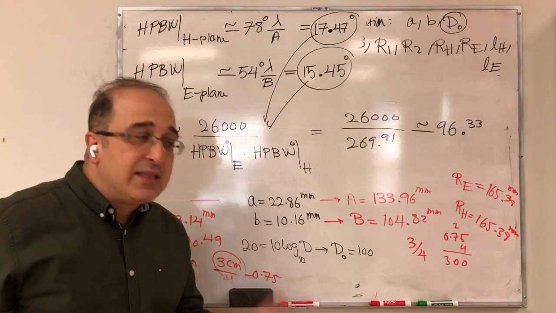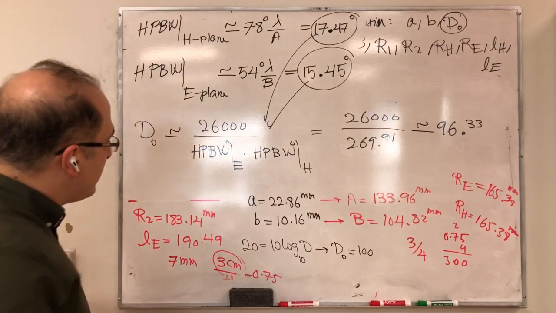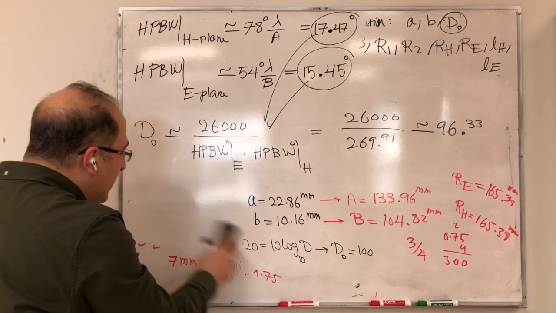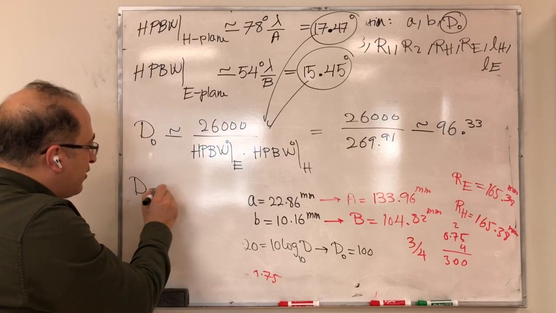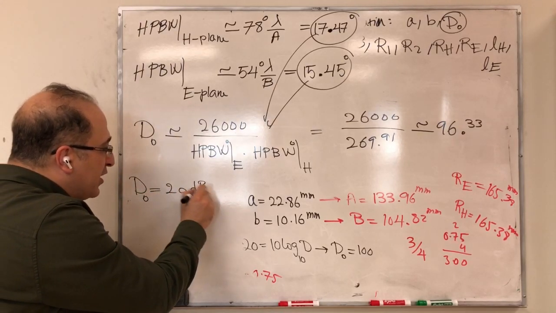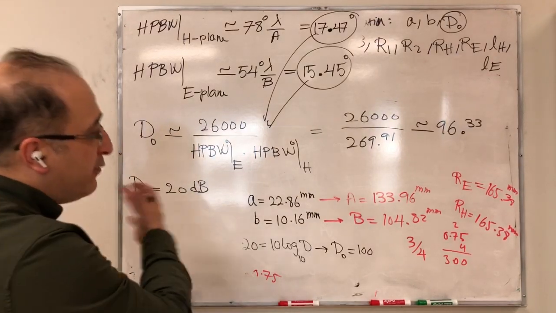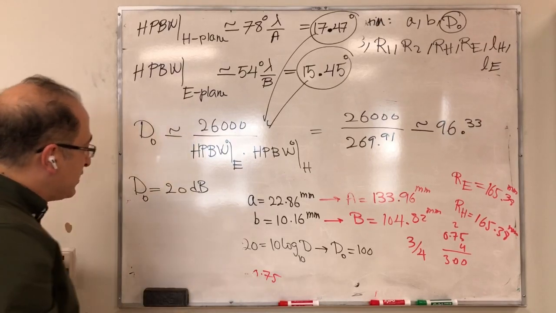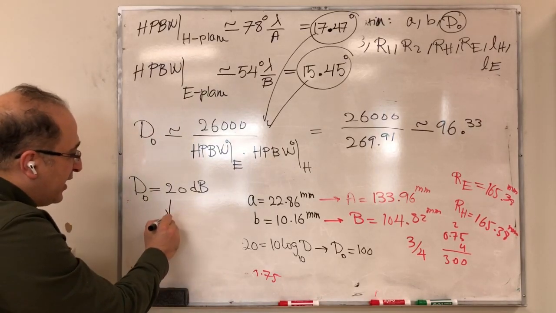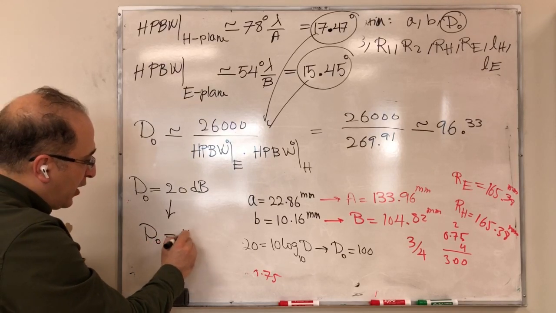Now, does this estimate make sense? It actually makes sense, because if you remember, we designed this horn antenna to have a directivity of 20 dB. That was the directivity we designed for, and then we found our parameters. A directivity of 20 dB, in dimensionless terms, is 100.